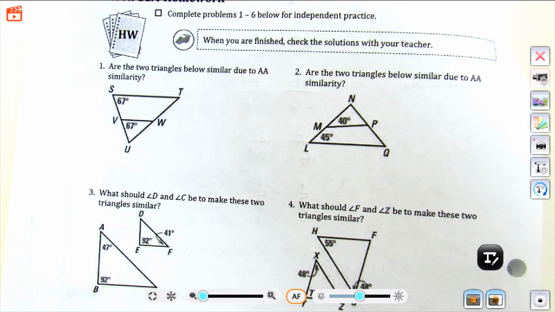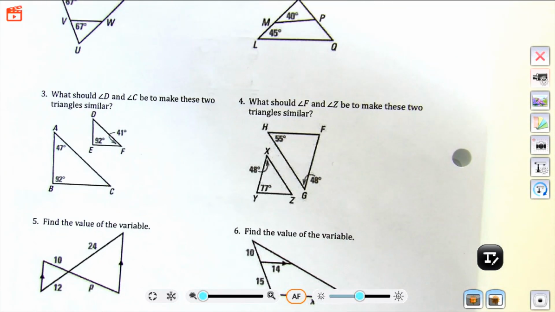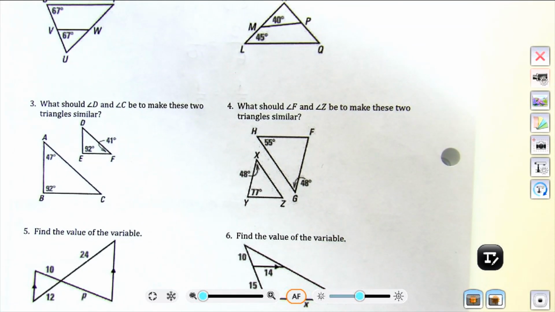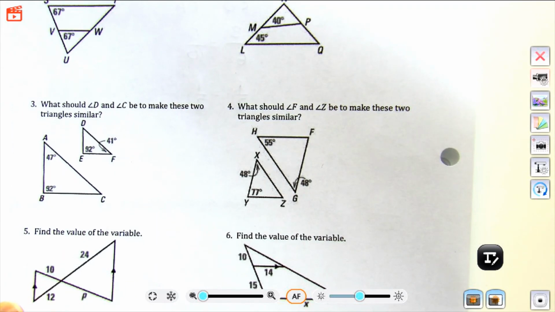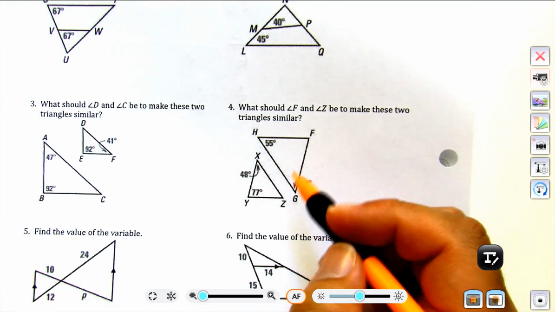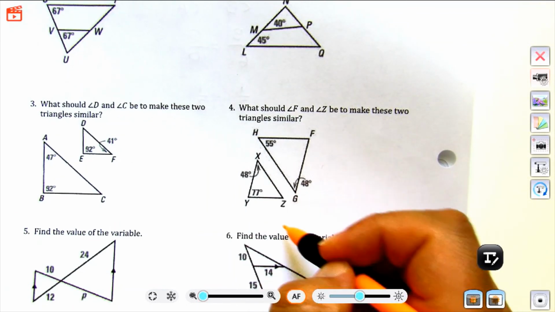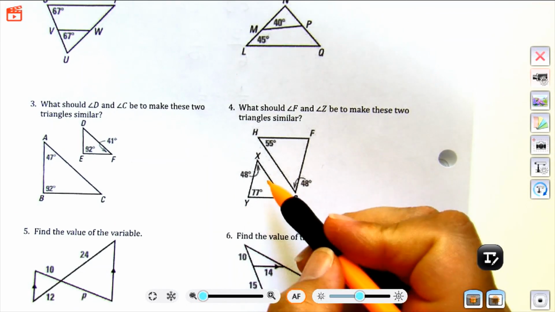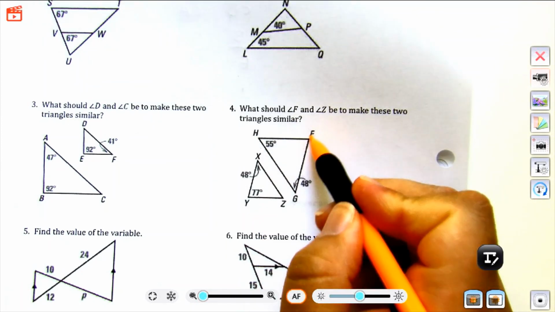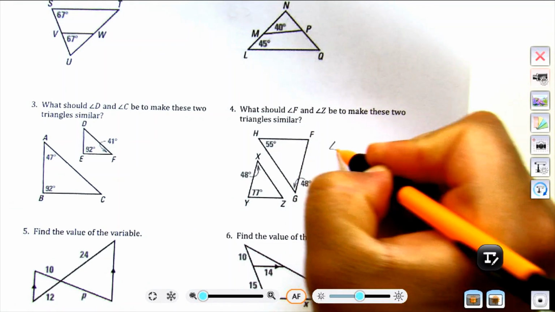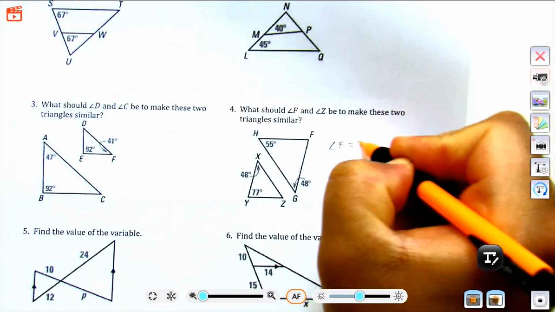And then let's look at problem number 4. Let's do that one together. What should angle F and angle Z be to make these two triangles similar? So for these two to be similar, angle F needs to be the same as angle Y. So angle F needs to equal 77 degrees.